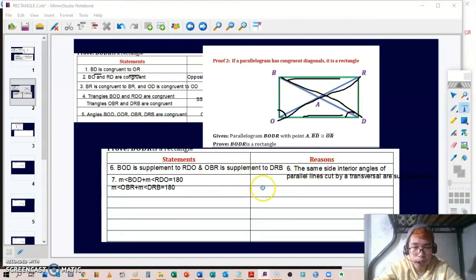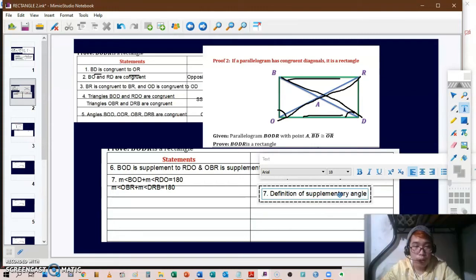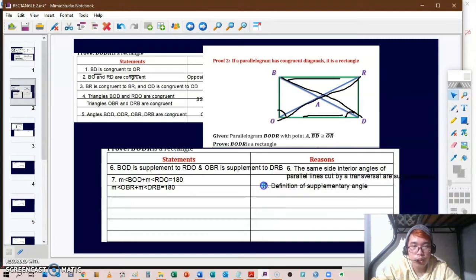So on number 7 we can write the reason: definition of supplementary angles.